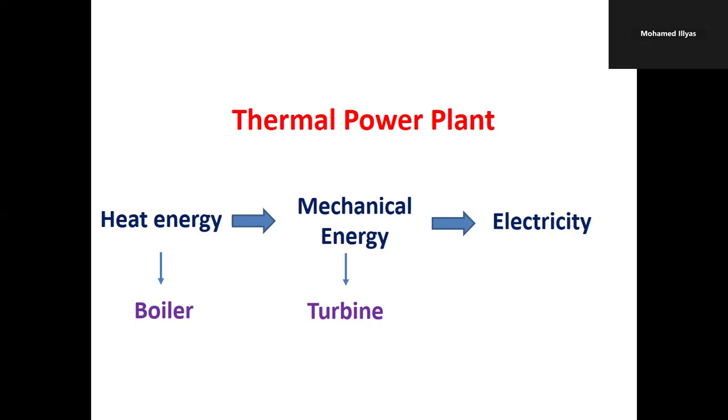So when the turbine shaft rotates, it turns the electrical generator which produces electricity. So in this way, the heat energy available in the working fluid is converted into mechanical energy, and further it is converted into electricity in the case of your thermal power plants.